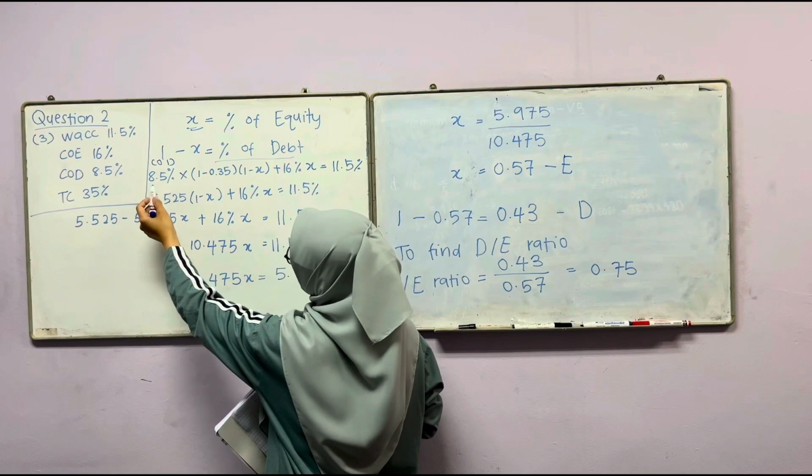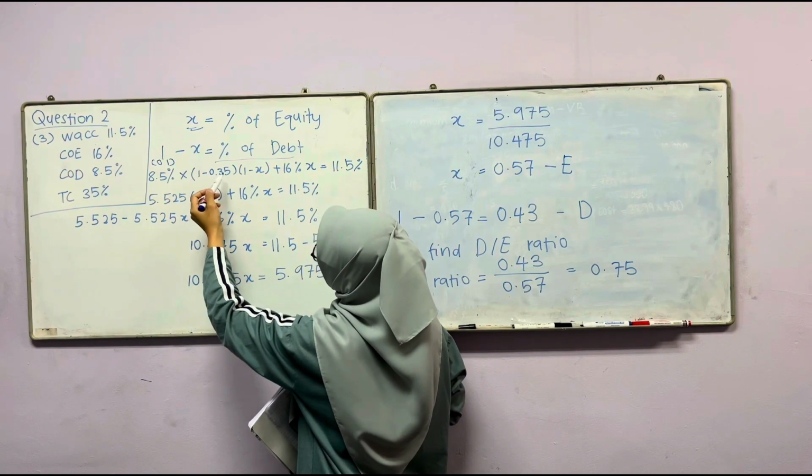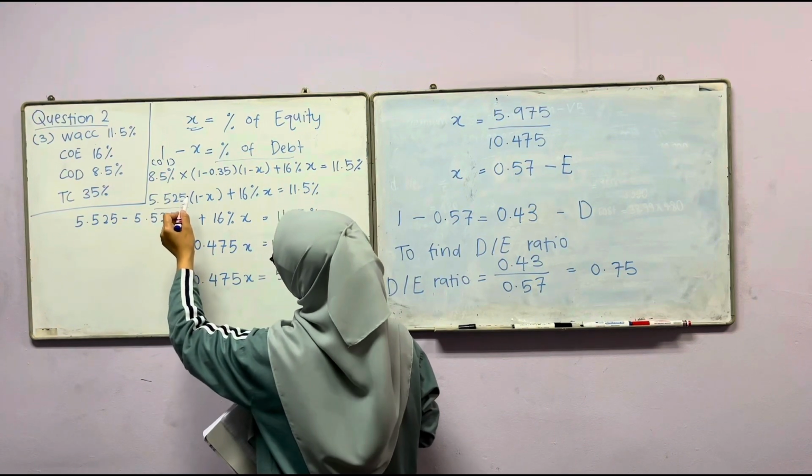When we calculate 8.5% times 1 minus 0.35, we get 5.525.